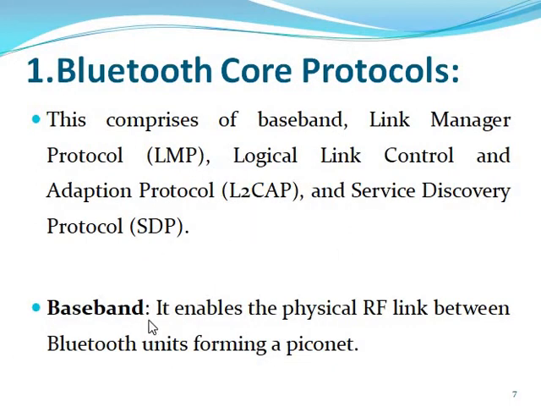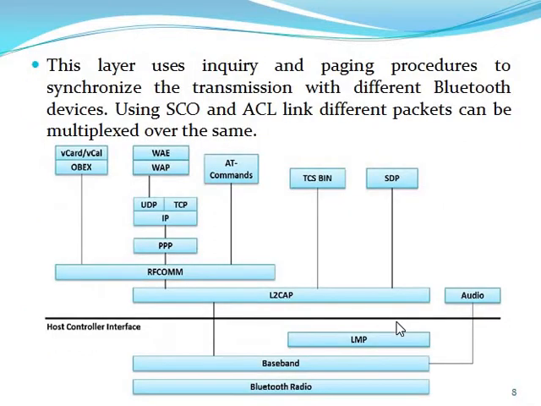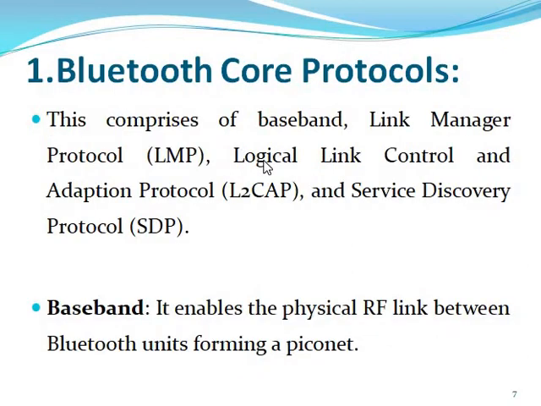So what is the baseband? It enables the physical RF link between Bluetooth units and forms the piconet. It means the radio frequency link connects the Bluetooth baseband and communicates with the logical link control and adaptation protocol.